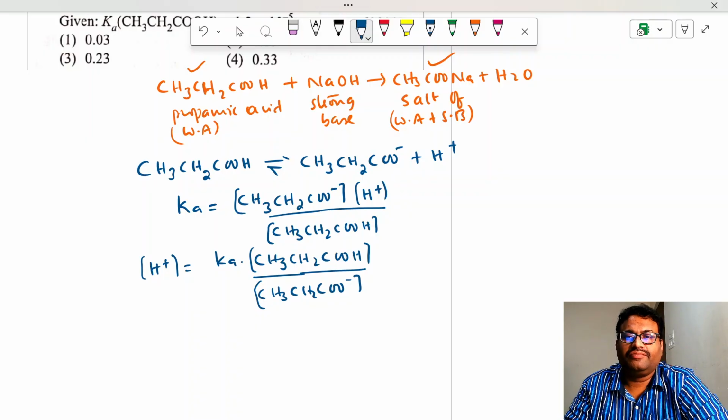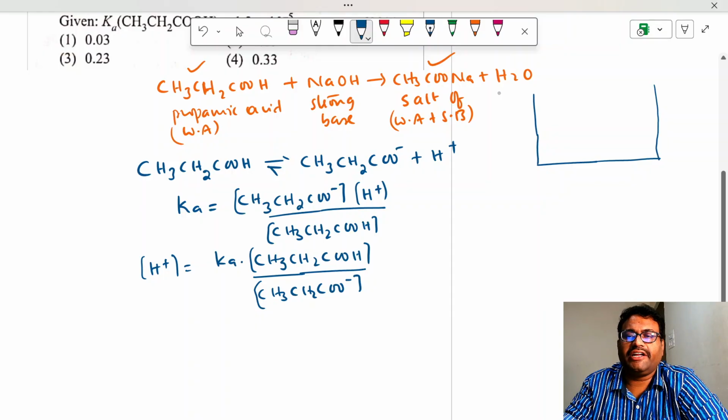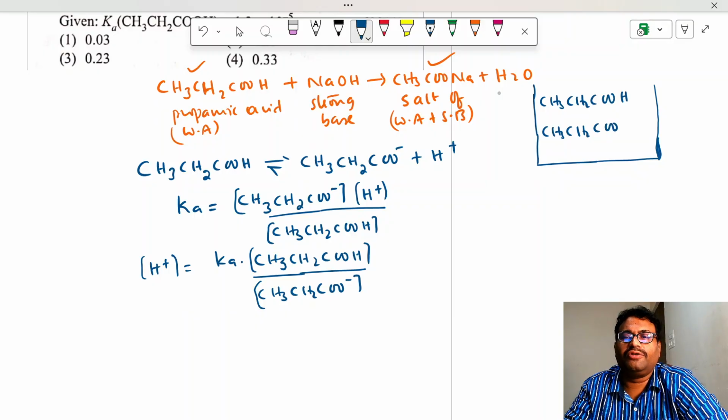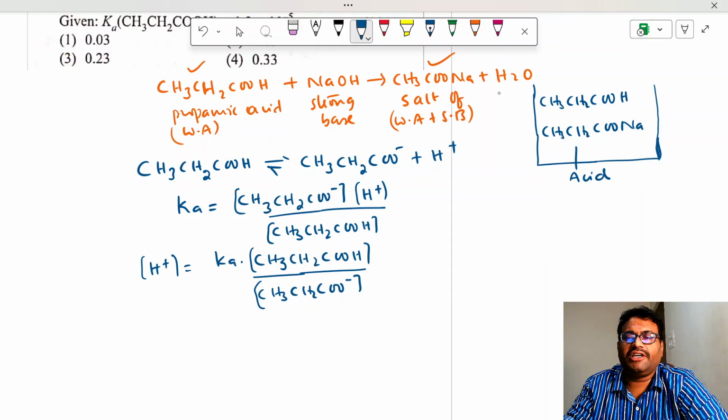So for an acidic buffer, this is the container. In this container, what is present? CH3CH2COOH and CH3CH2COONa. This is an acidic buffer.